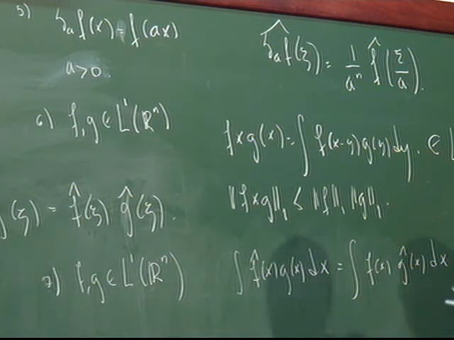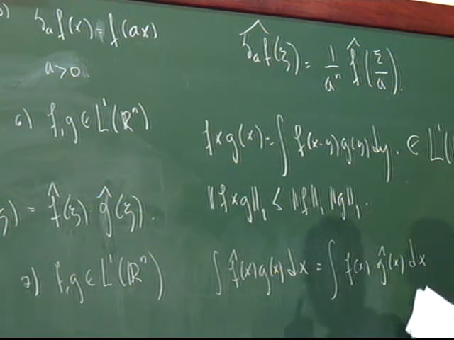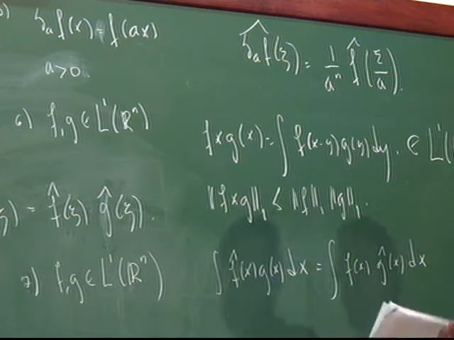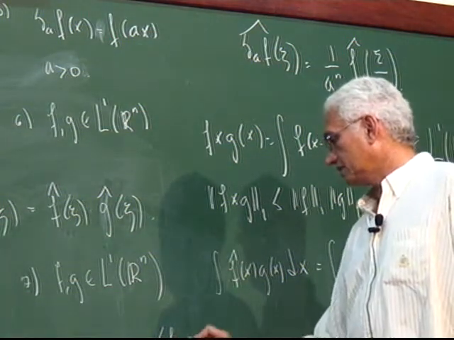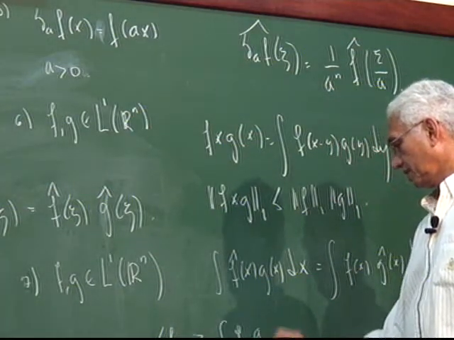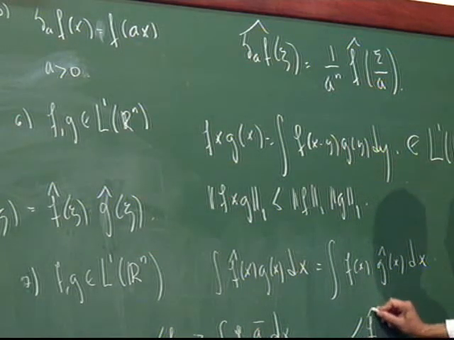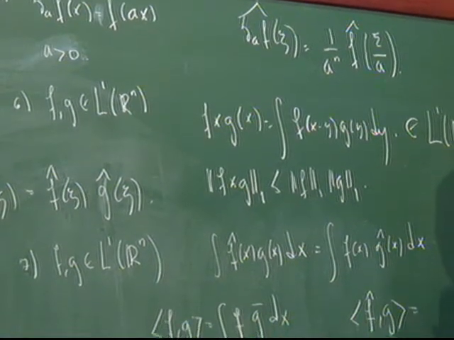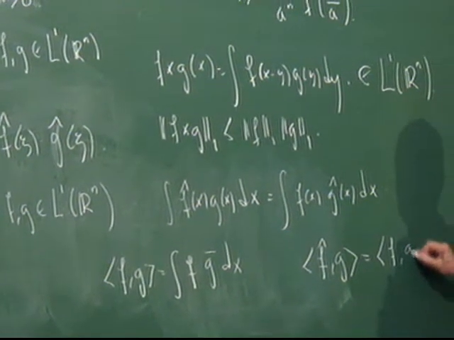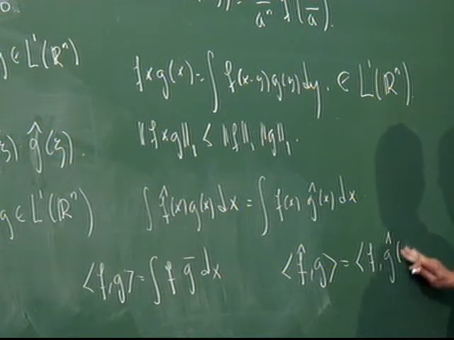But of course, most of the time you don't want to pass the hat. What you want is to have the inner product. Then what you have is this. If you define the inner product of f with g to be the integral of f g dx, then you have this. The inner product of f hat and g is exactly equal to f and g hat evaluated in minus. Okay, I will write this.